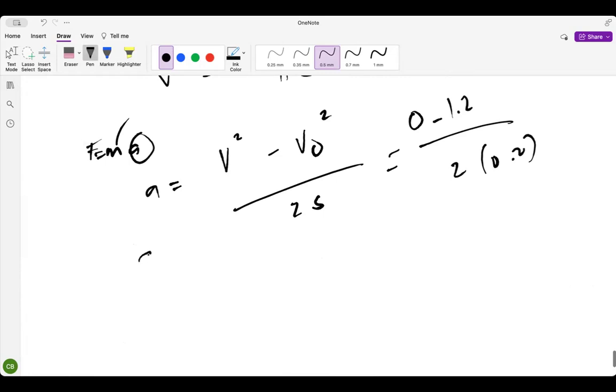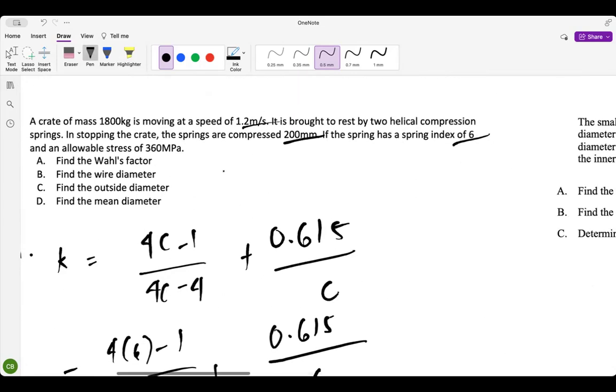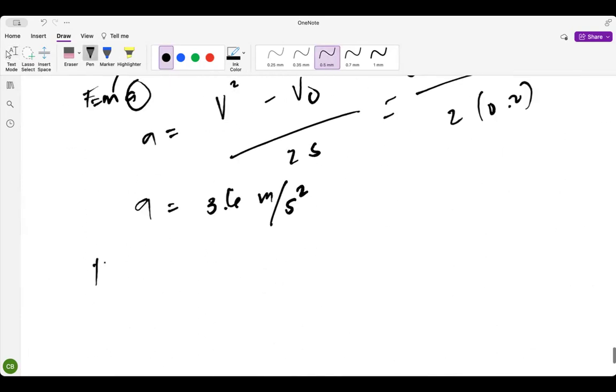So the acceleration is 3.6 meters per second squared. You have m, which is 1,800 kilograms, so we can get the force already. Force is equal to 1,800 multiplied by 3.6 meters per second squared.